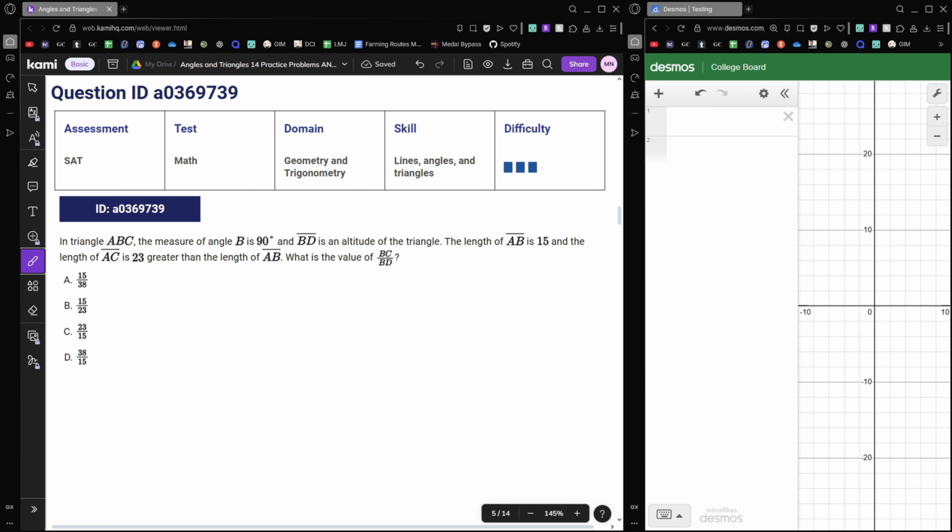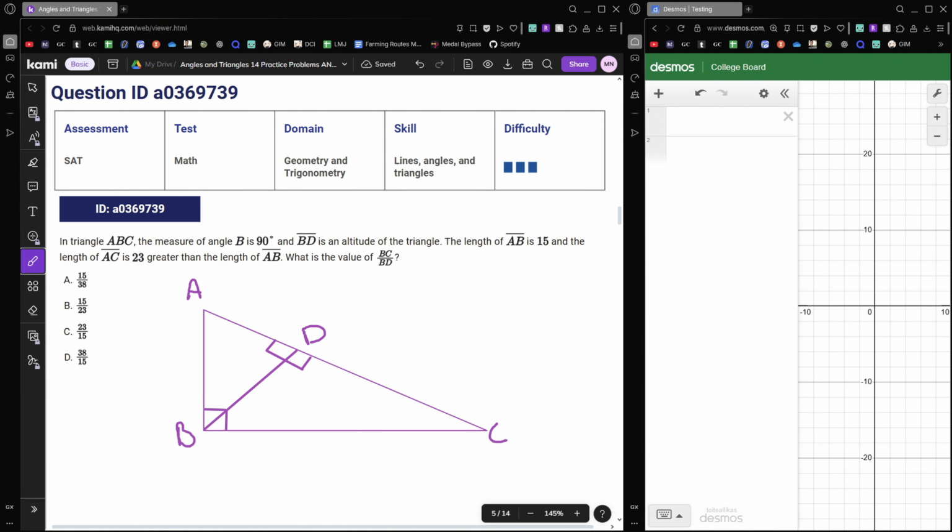Question number 5. In triangle ABC, the measure of angle B is 90 degrees. Alright, so here's our right triangle ABC. Let's keep reading. And line BD is an altitude of the triangle. So we have an altitude going from B to D, and this will create two new right angles.